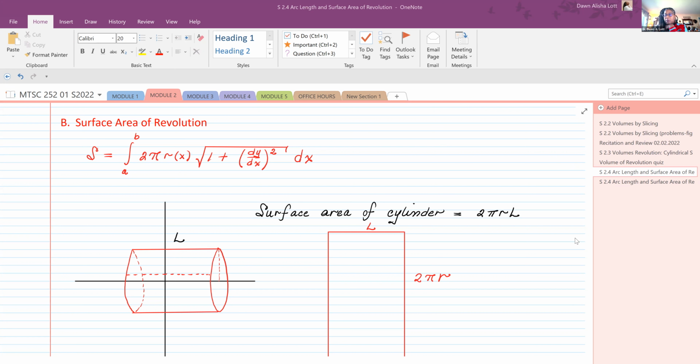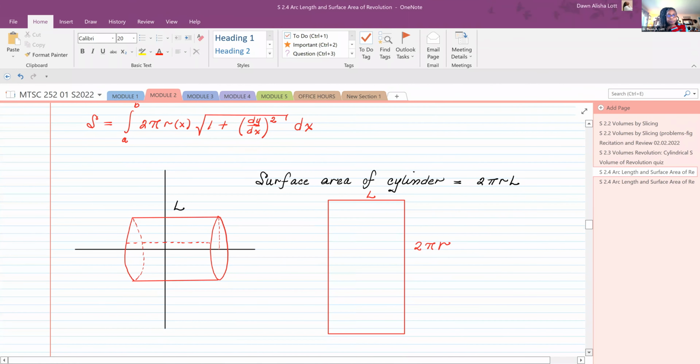Okay, so let's think about this. So here we have a cylinder.